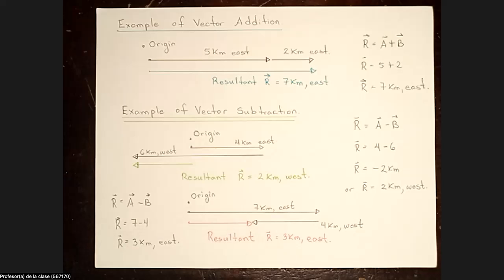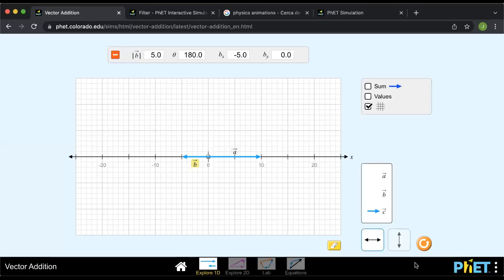So let me show you in this program. I have a vector A of 10 to the right, and a vector B that points to the x negative. If I zoom, that blue arrow that we have here, S, will be the resultant. 10 minus 5 will be 5, positive.